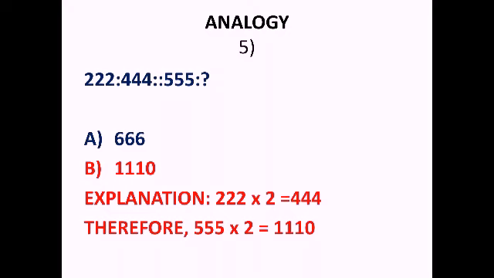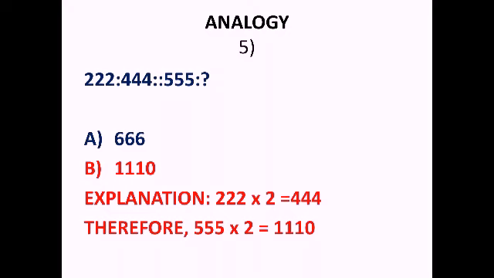Now, this is what I was saying. You have to first establish the relationship between the first set of numbers. If you find out the relationship between the first pair, then with the same relationship we can find the number in place of the question mark, because the other set will also share the same relationship.